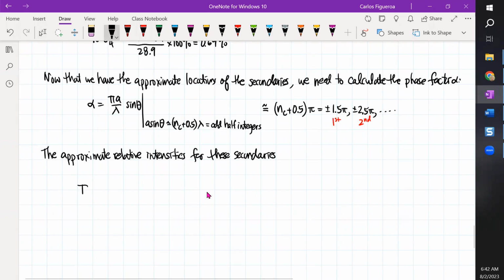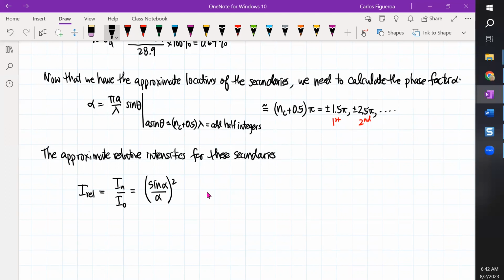It's going to be I relative, which is IN over I initial, and this will then be sine of alpha over alpha, squared. But remember, alpha is these odd half multiples here.